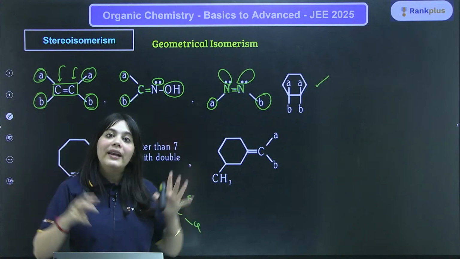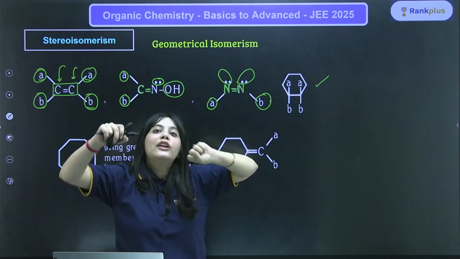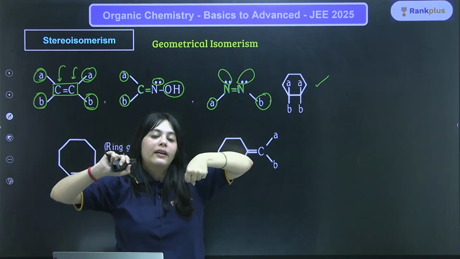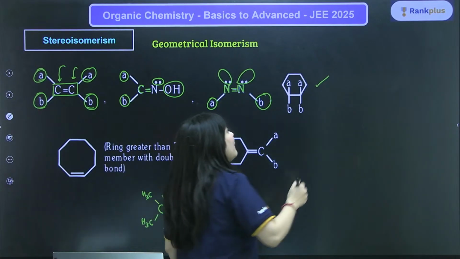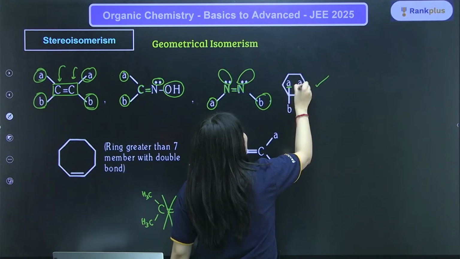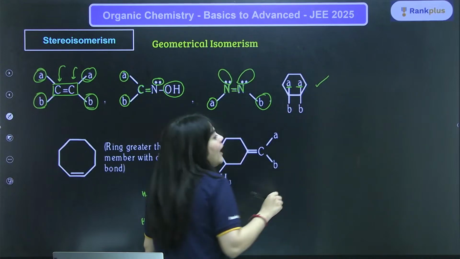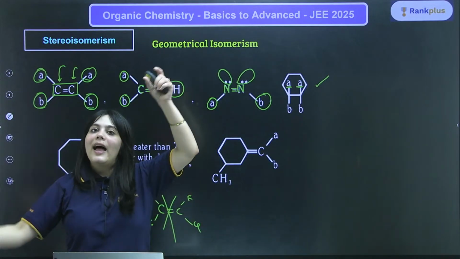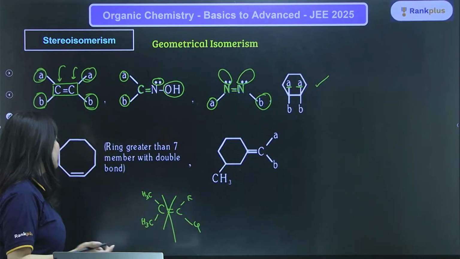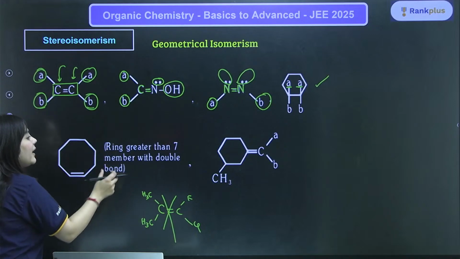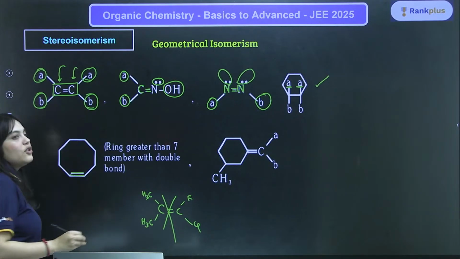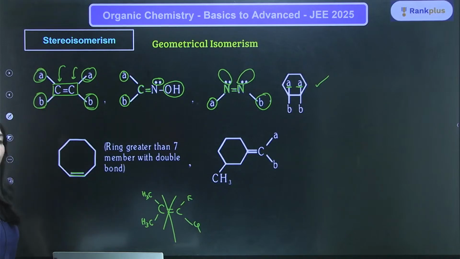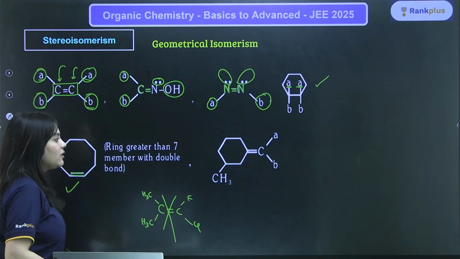As I told you, the ring is fixed. I cannot rotate the bonds in the ring, right? Hence, if the groups are at the same position, it is cis. If the groups are at the opposite end, then it would be trans. Simple. Similarly, for rings greater than 7 member, this will once again show your cis-trans isomerism. This will also show your geometrical isomerism.